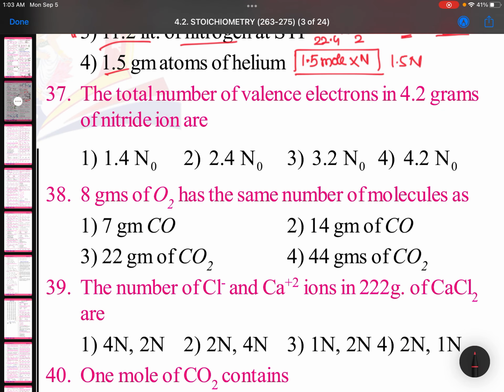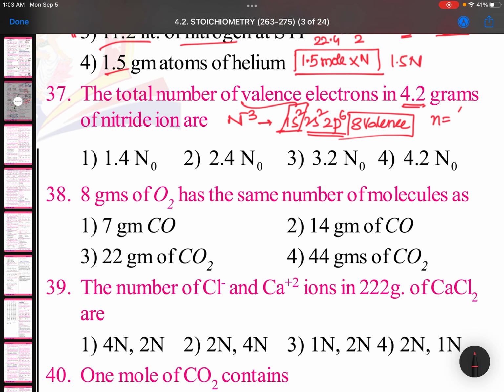37th question. The total number of valence electrons in 4.2 grams of nitride ion. Valence electrons he is asking. Nitride is N minus 3, 1s2, 2s2, 2p6. But he is asking only valence electrons, so 8 valence electrons are there in each ion, and given is 4.2 grams.